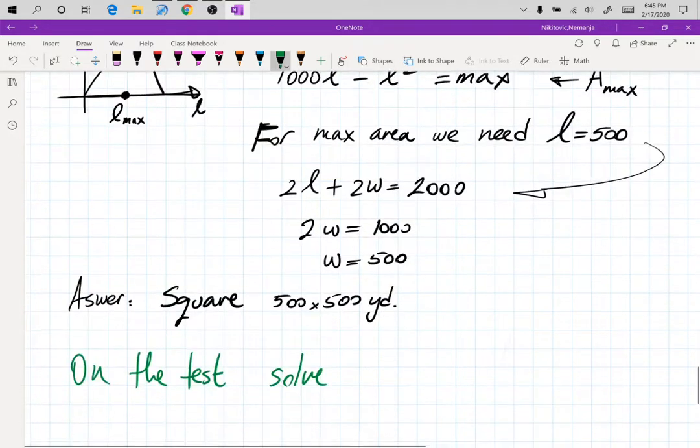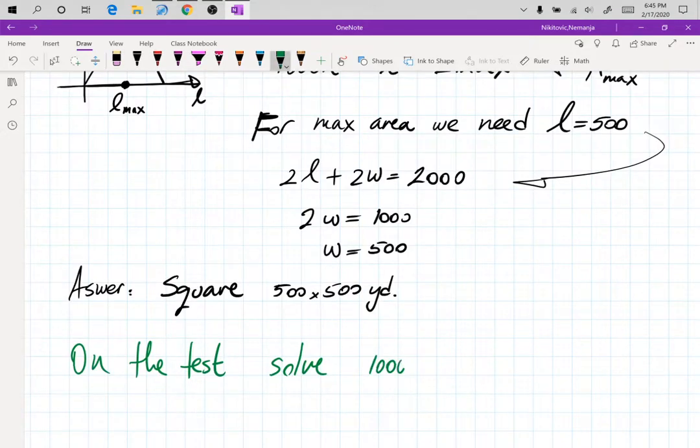We had 1000L minus L squared equals max.